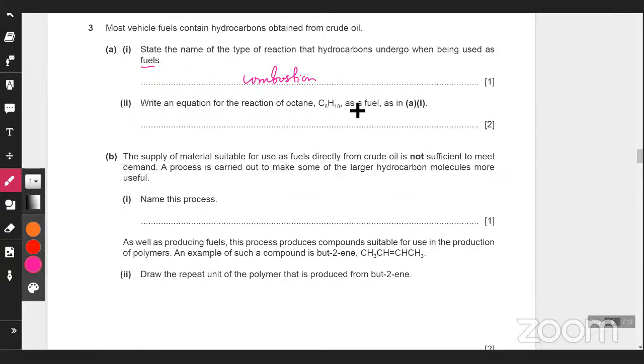Write an equation for the reaction of octane as fuel. So you just have C8H18 and you burn it, and it produces carbon dioxide and H2O, and you can balance it. 18 hydrogens gives 9 water, 8 carbon dioxides, and you can count the oxygens. That's 16 plus 9, that's 25.